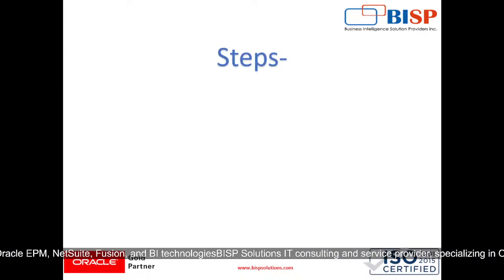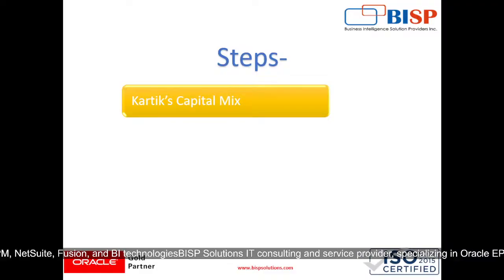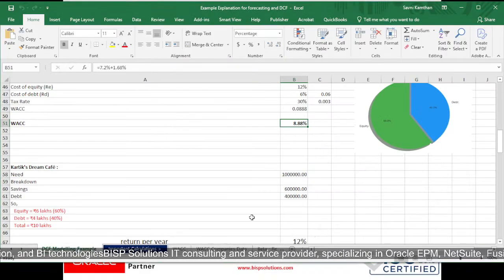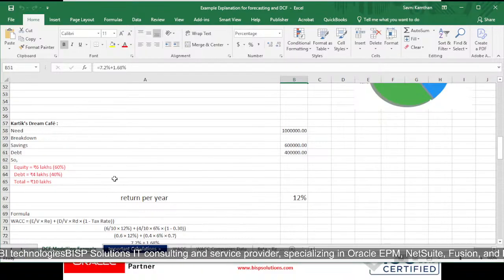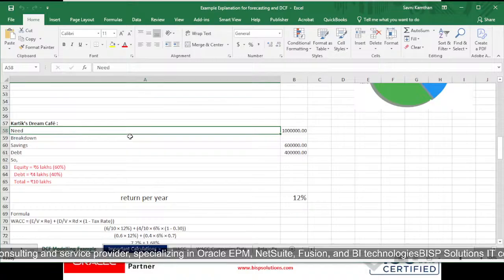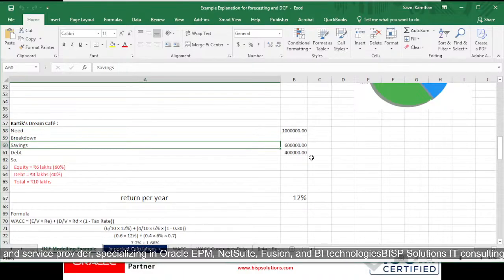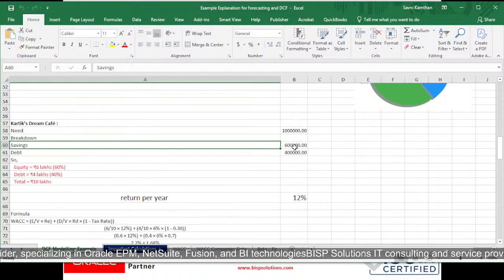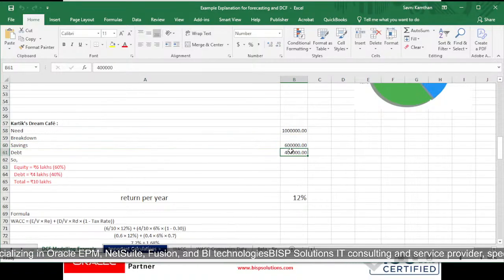Next, let's explain the steps with a hypothetical situation: Karthik's dream cafe. He needs 10 lakh rupees, but he does not have that much with him, so he has taken 4 lakh rupees of debt and 6 lakh rupees from savings.